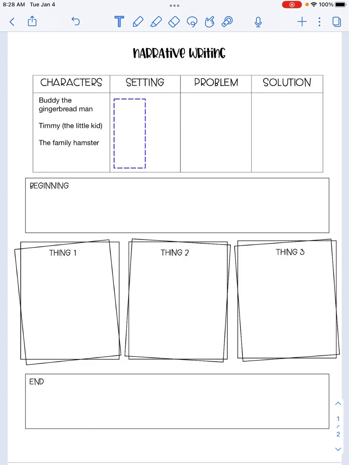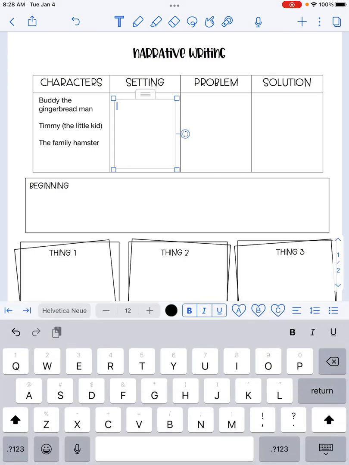So our setting, just like our turkey, is going to have two main settings. One is going to be where it begins, and one is going to be where the gingerbread ends up being safe somewhere, right? And they're not going to be the same location. There might be places where that gingerbread goes in between if you're looking at specific rooms, but you don't have to focus too much on that.